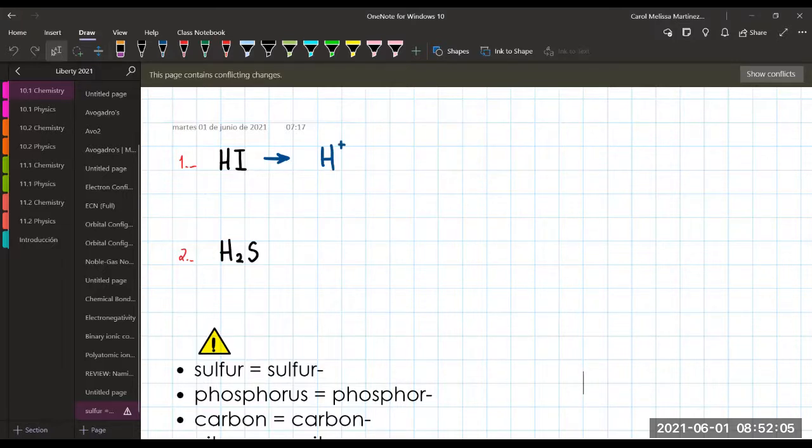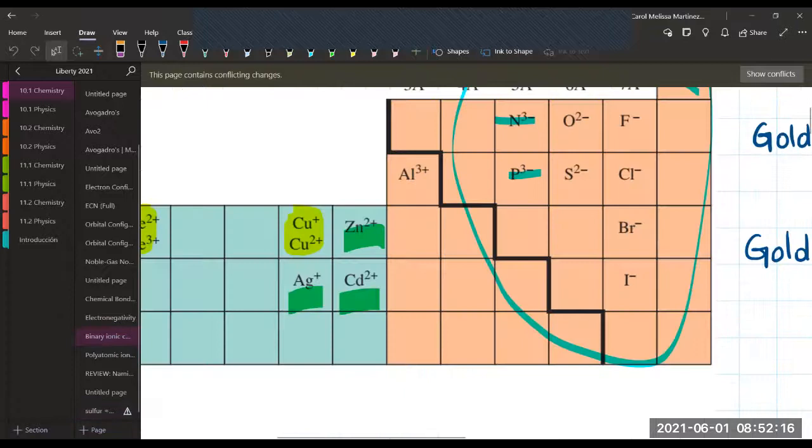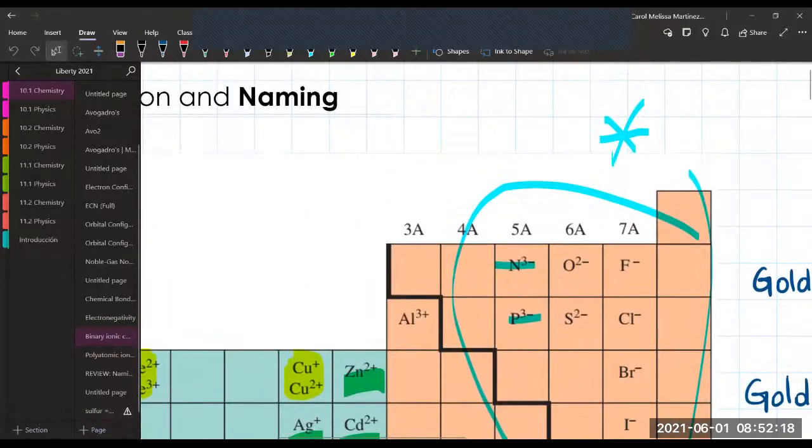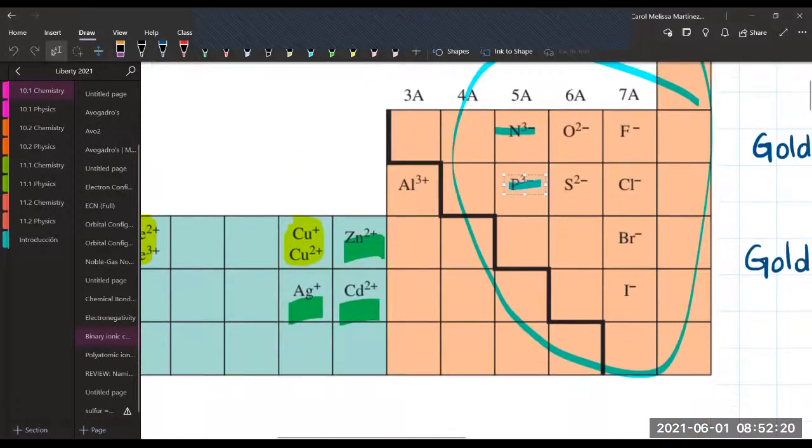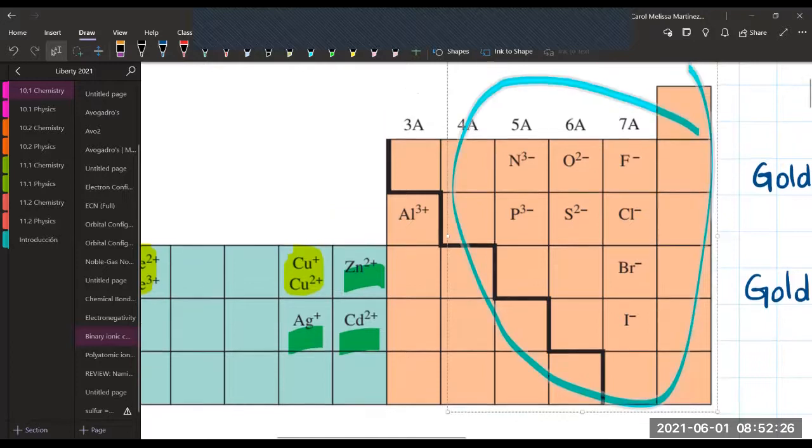And the other ion is I. What is the charge that we use for I? I is iodine. Remember the table that I gave you in the beginning, okay? In this table, I gave you some elements, the non-metals, and I gave you the charges for each non-metal.